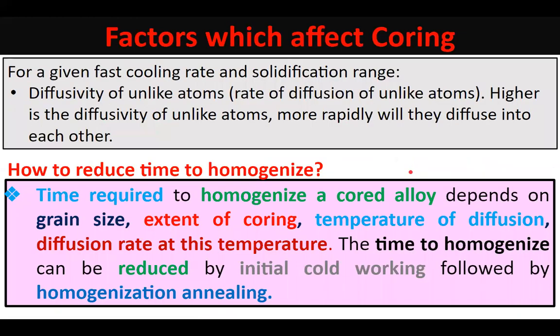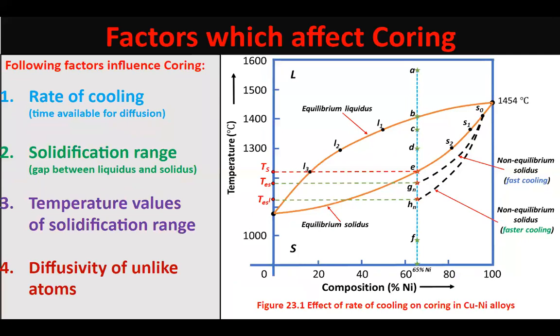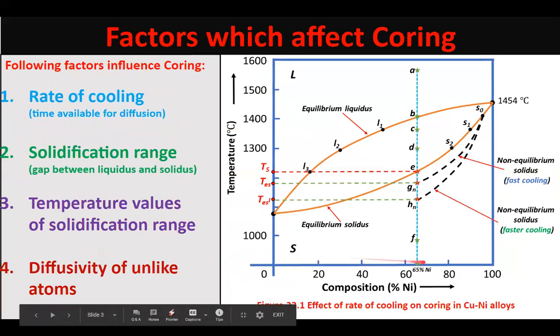Apart from these factors, even if these three factors that I listed in the beginning are the same, a lot would depend upon the type of material system in question.